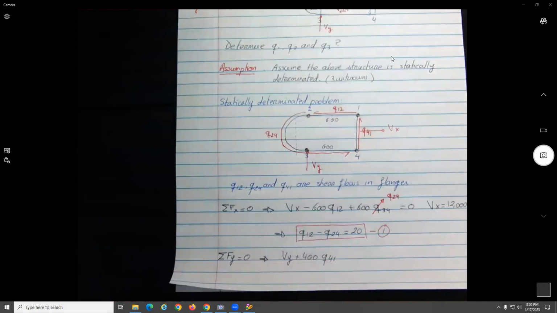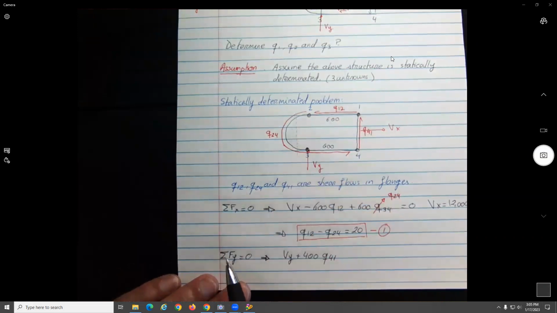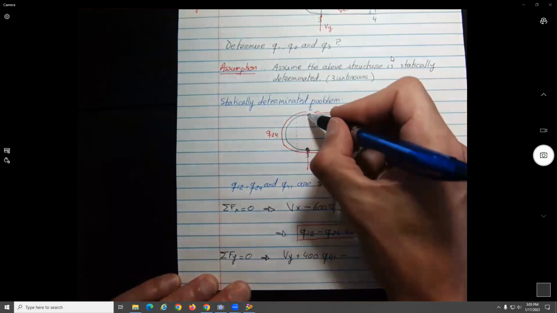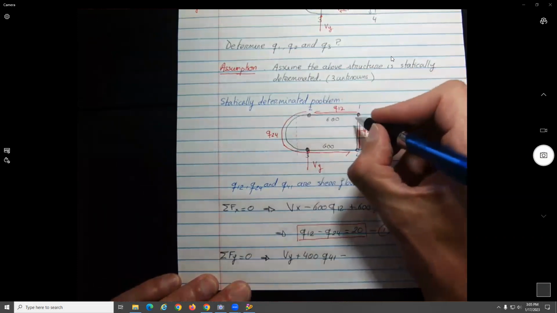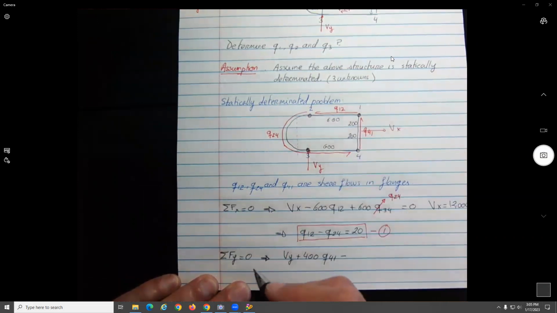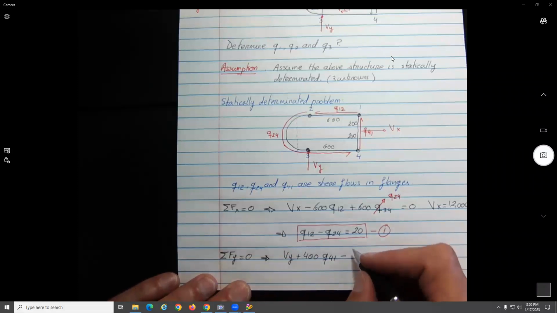Again, this is approximation assumption, so it's more than one way to solve this problem. So now we look at Q24, we could do what? Minus, so this is, if you remember, this is 200. Will be minus 400.